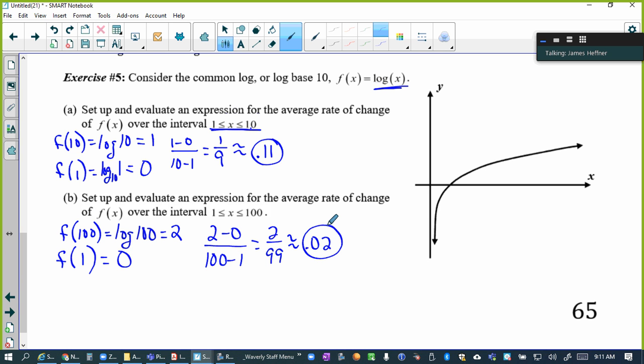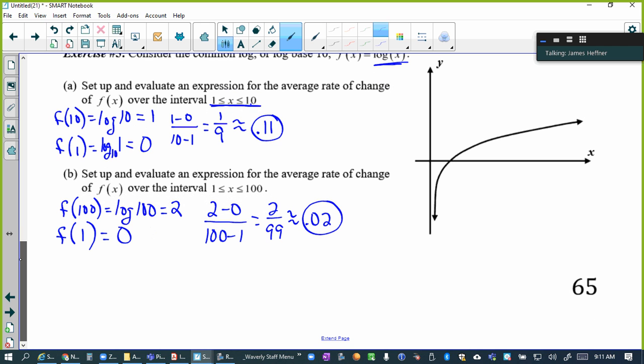So do you see how as you move along, the rate of change keeps decreasing? What can we say about that? As x increases, what happens to the average rate of change?